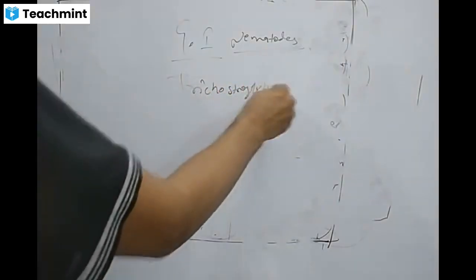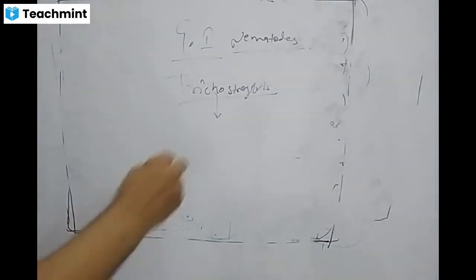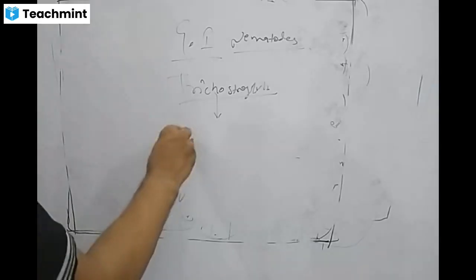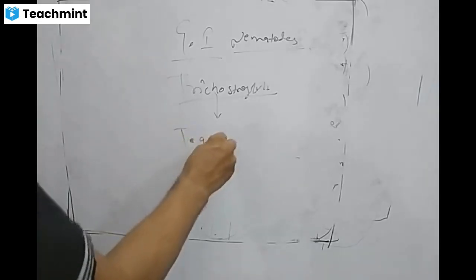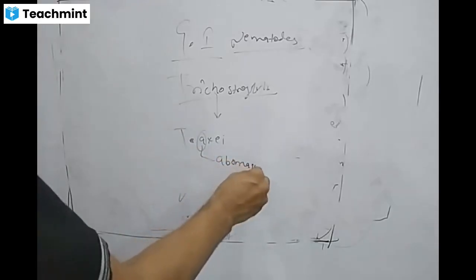Trichostrongylus. With Trichostrongylus, there was one MCQ, I think in 2018, that there is one species, Trichostrongylus axei. A for abomasum.